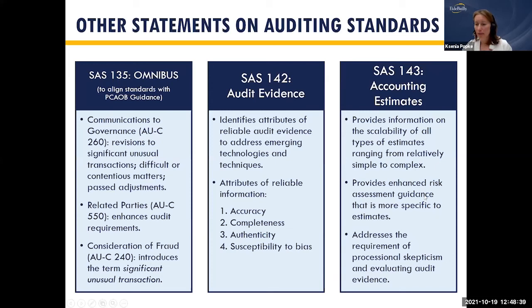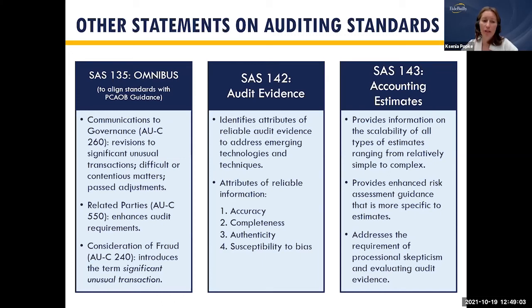And just quickly, while we still have a couple of minutes, I'll run through these and then see if we have any questions I can answer. 135 aligns the communication to those charged with governance. As you know, auditors always issue a communication at the end of the audit that is very specific on what items we need to communicate.